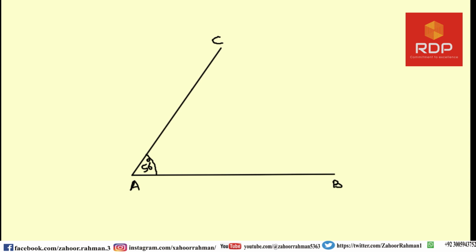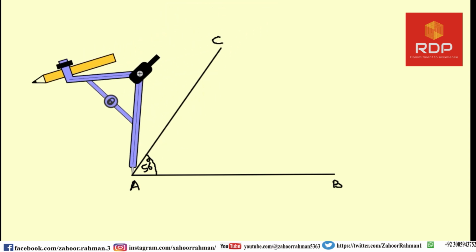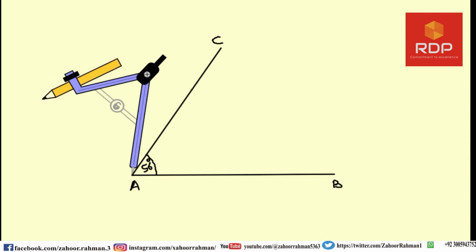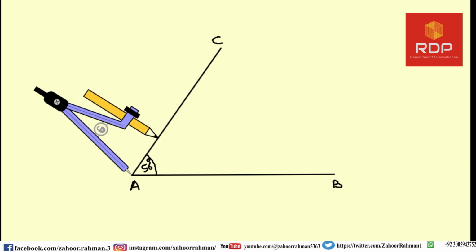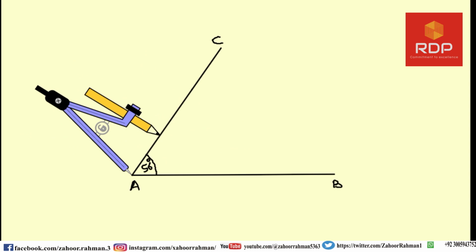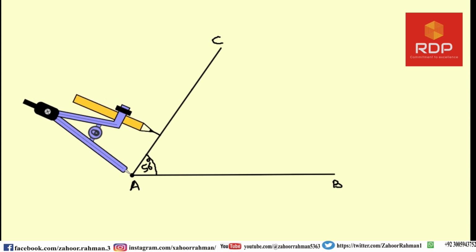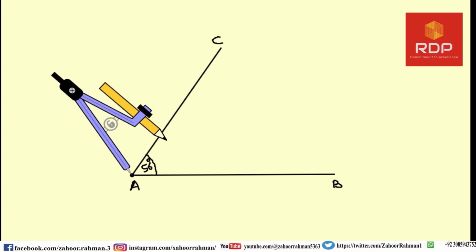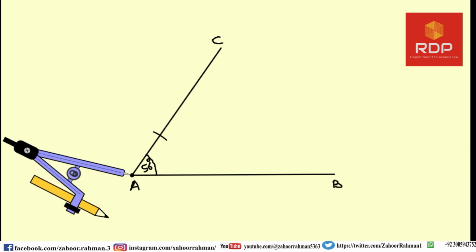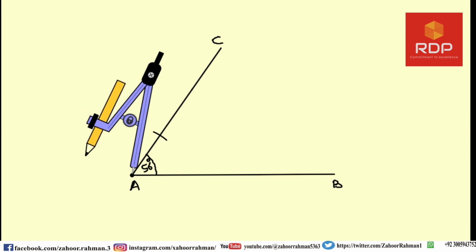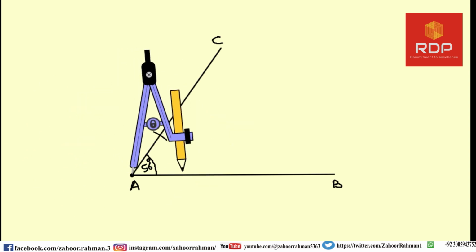Now the next job is to draw an angle bisector. So let us introduce this again, and let me put it here. I told you that you can open the compass according to your choice as much as you want, and then you can draw the two arcs, and they will be of the same length.